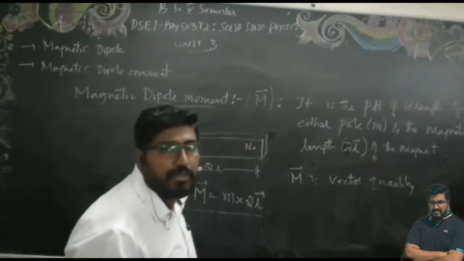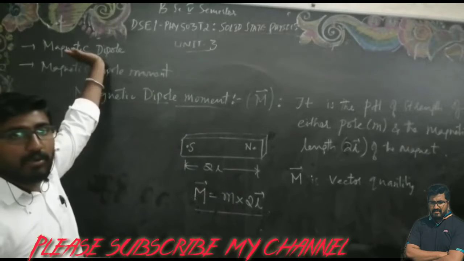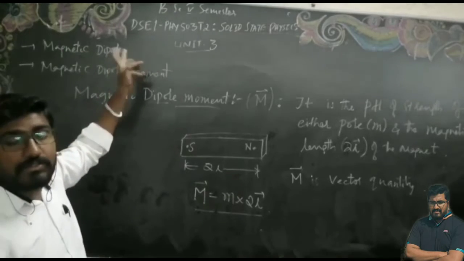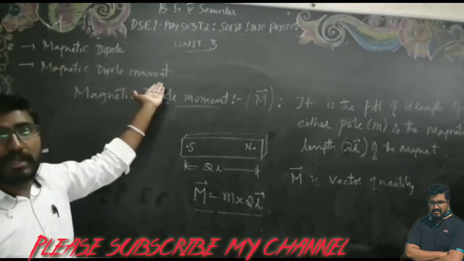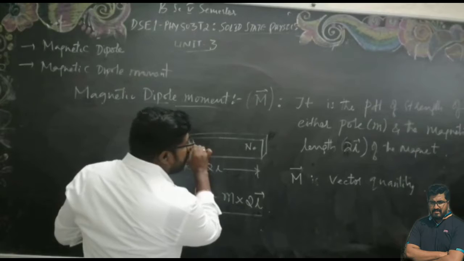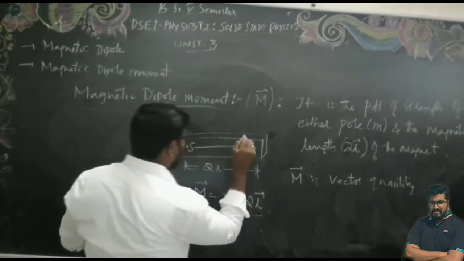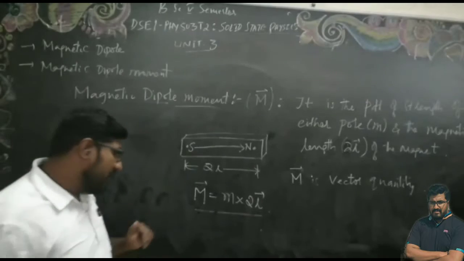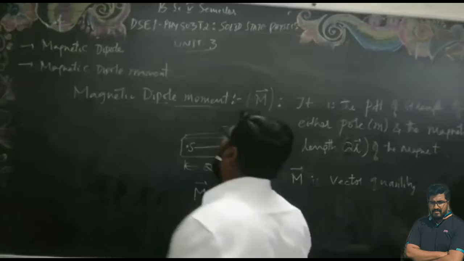As I told you, in the case of the magnetic dipole, the direction was from south to north. In the same way, the direction of the magnetic dipole moment is from south to north. This is the concept of the magnetic dipole moment.